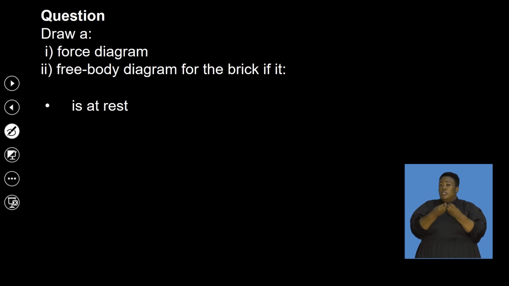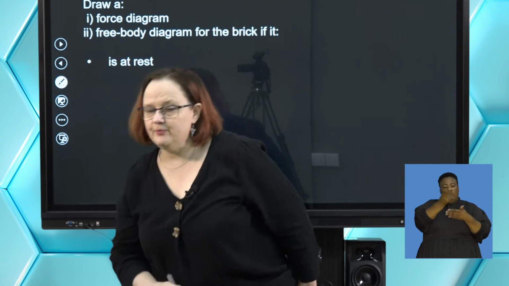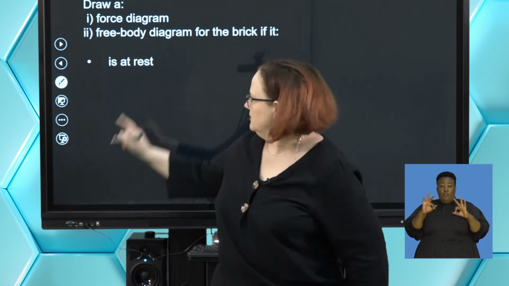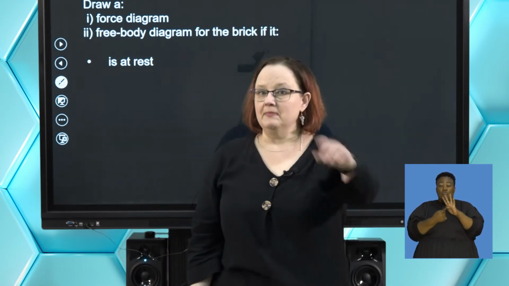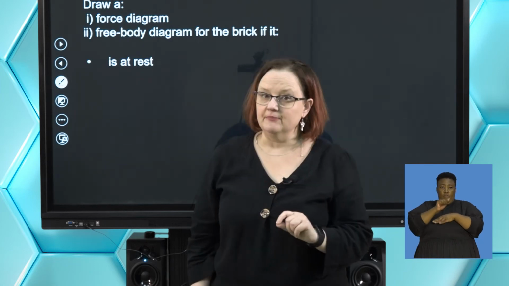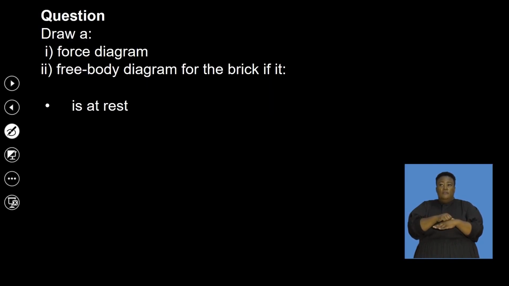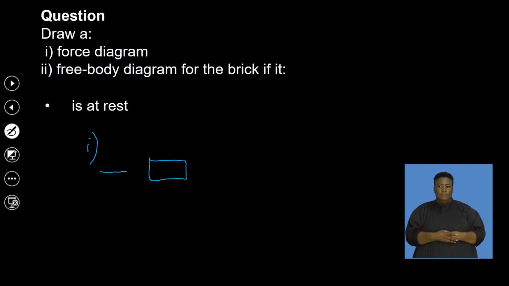First thing I want is a force diagram and a free body diagram showing the brick at rest. Remember, force diagram means the brick has to be a box. So let's do the box. So this is the first one. We have our box. The brick is being pushed to the right.